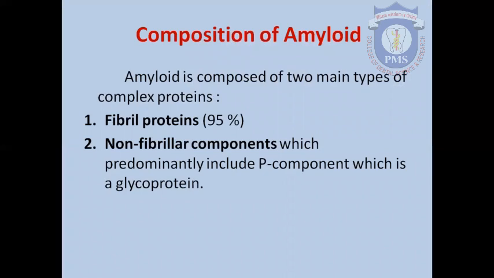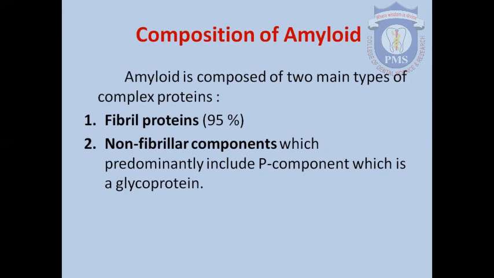Composition of amyloid. Amyloid is composed of two main types of complex proteins. One, fibril proteins, which constitute 95% of the proteins in amyloid.